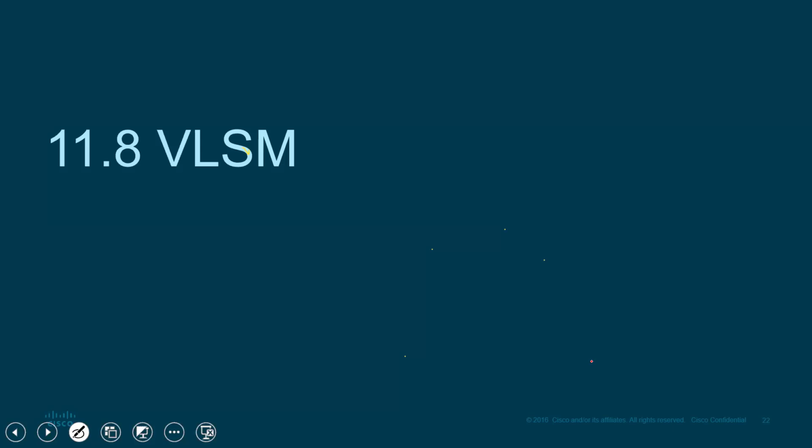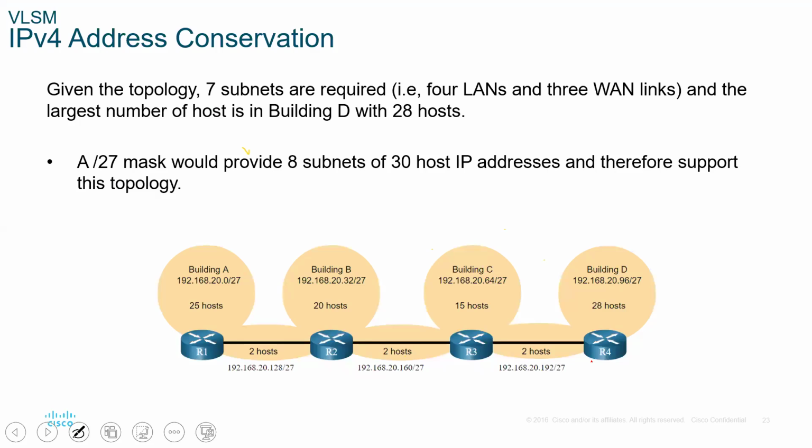Now, let's look at VLSM, variable length subnet mask. Given the topology, 7 subnets are required. That is 4 LANs and 3 WANs. And the largest number of hosts is in building D with 28 hosts.